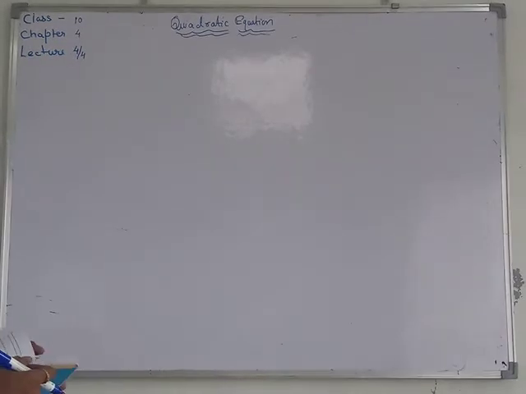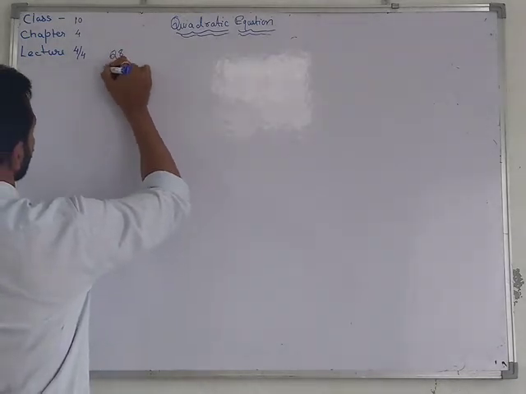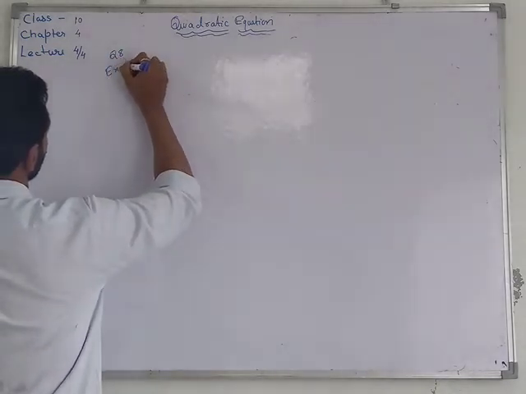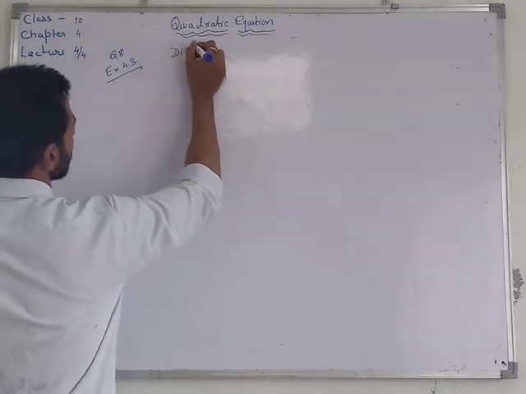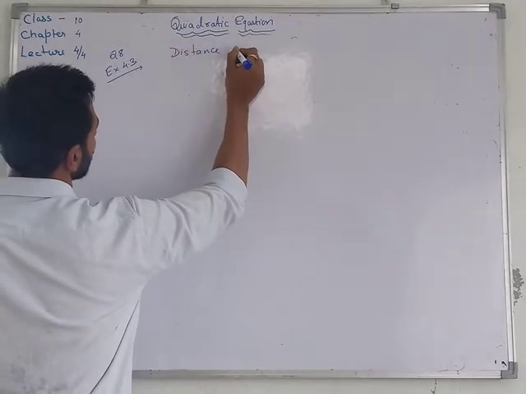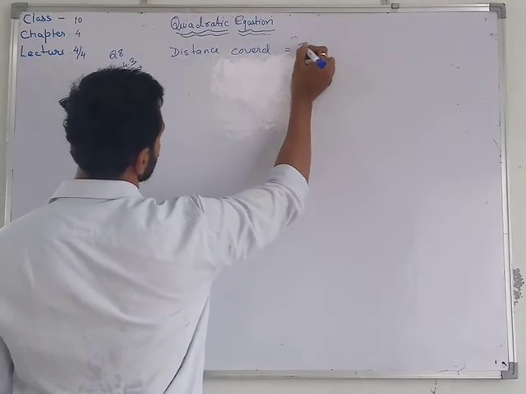Let the distance traveled by the train be 360 km. This is question number 8, exercise 4.3. Distance covered is 360 km.